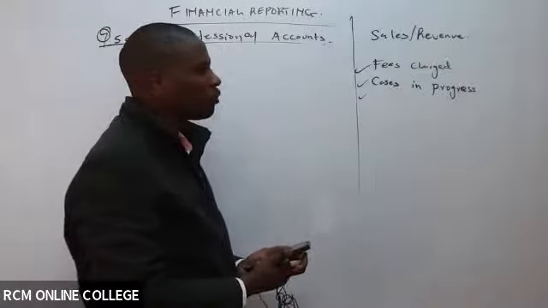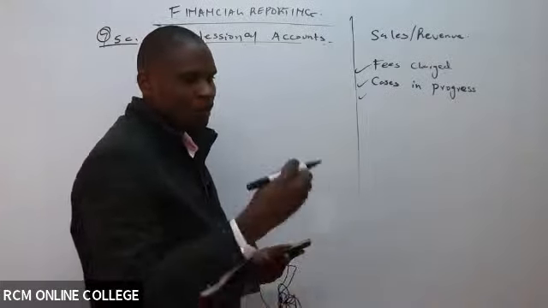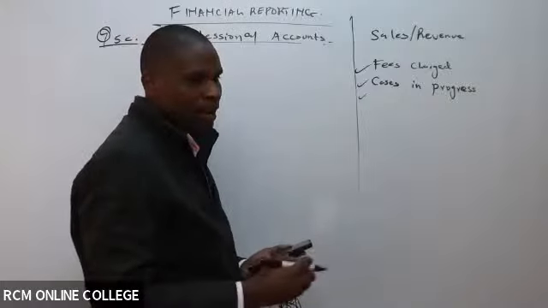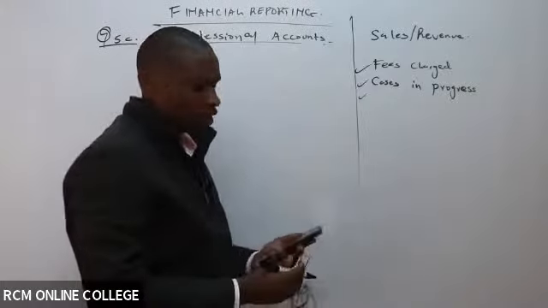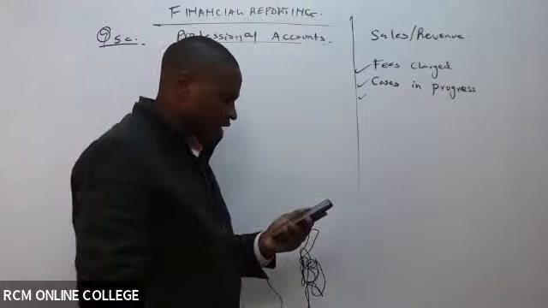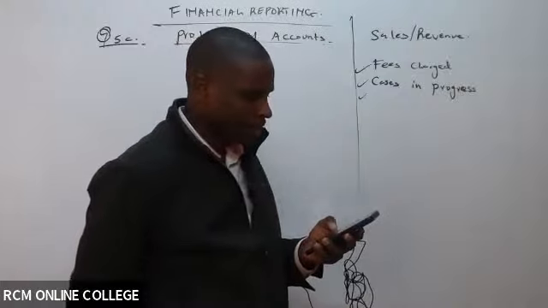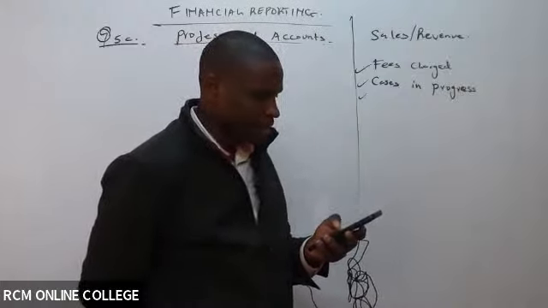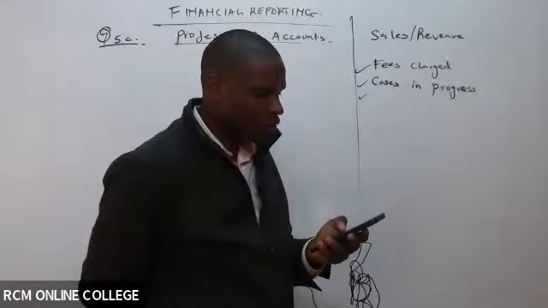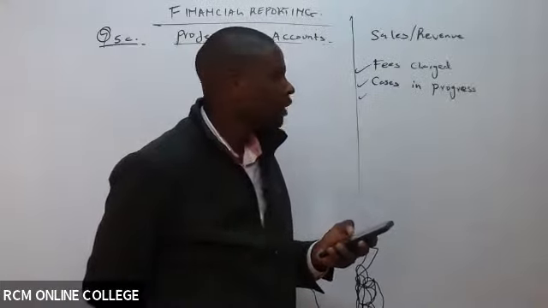So we are going to draw financial statements, both the income statement and the balance sheet, for this company. For these advocates, we have the extracted trial balance from Kakai and Kambaze, a firm of participating advocates, as at 1st July 2024.